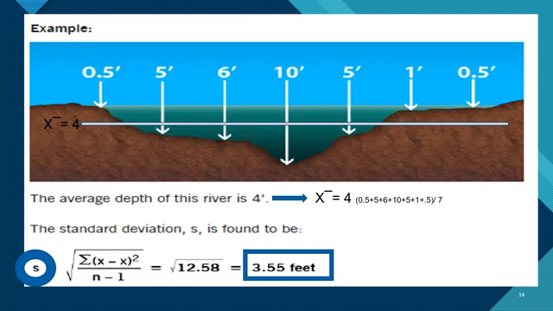Again, 3.55 is the standard depth, which refers to the normal depth. If the value is less than 3.55, that means it's not deep. But if the value is more than 3.55, it may mean that the depth is deep. So 0.5 is shallow and 10 would be deep.